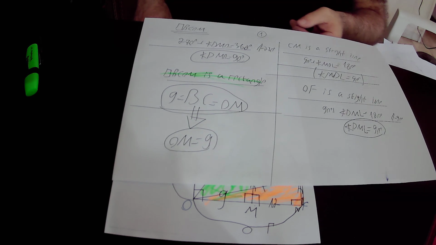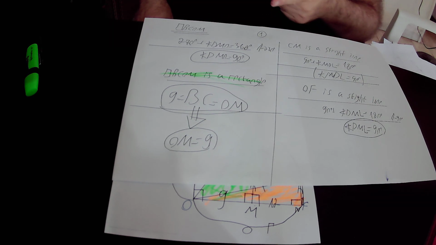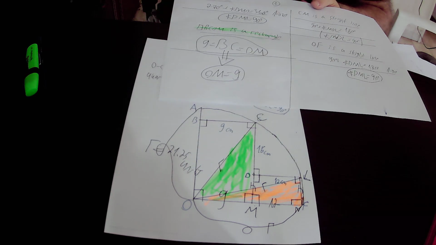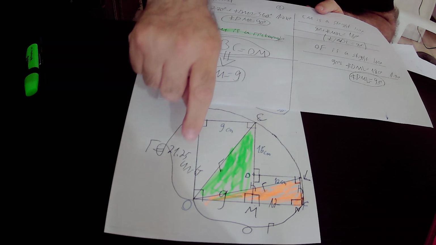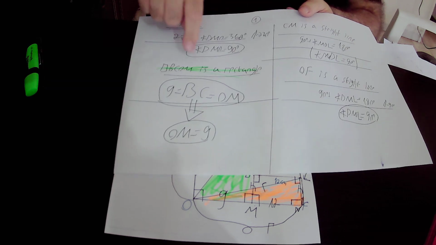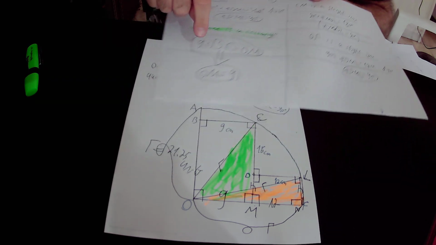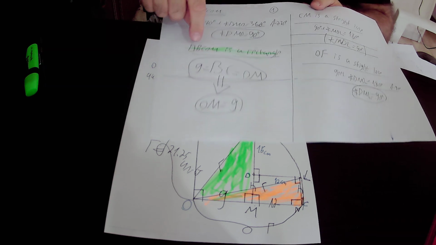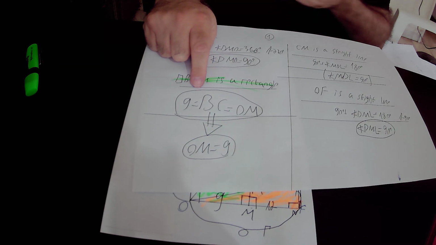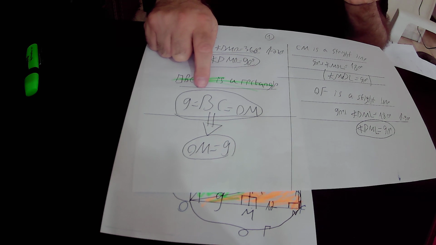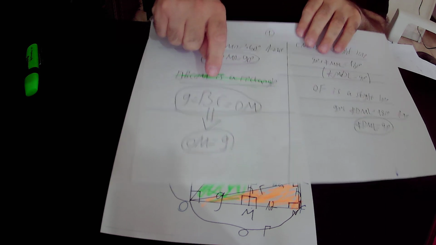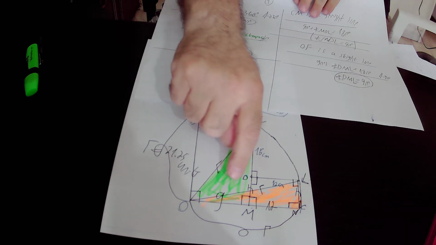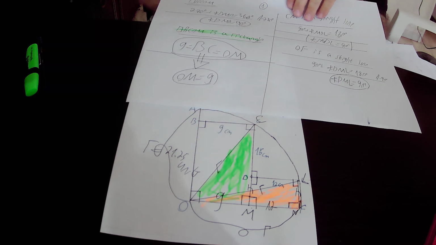We know that the opposite sides of a rectangle are equal, so side BC must be equal to side OM. According to what is given, side BC equals 9 units, so BC equals OM, and side OM is also equal to 9 units.